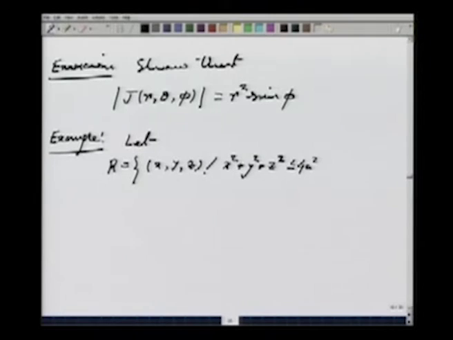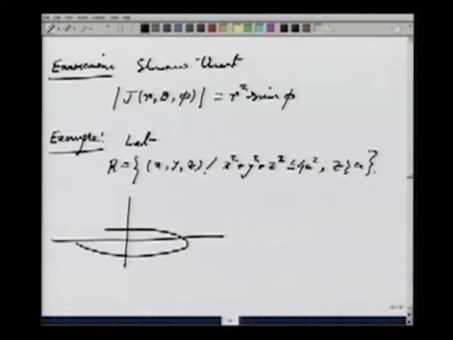That means I am inside a sphere of radius 2a, and I take z bigger than or equal to a. So the region I am looking at is the above portion of this smaller sphere.